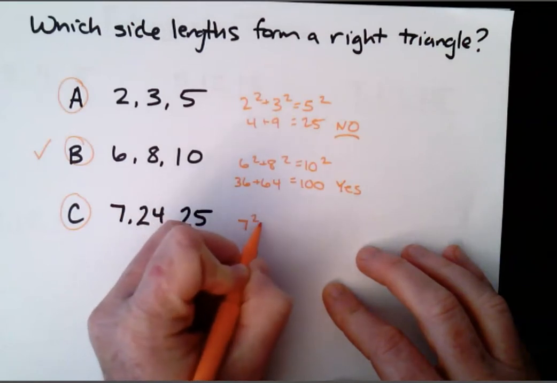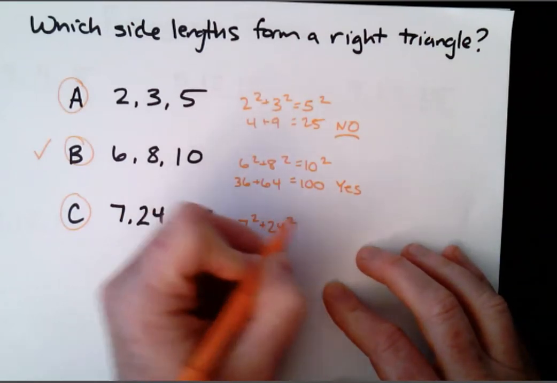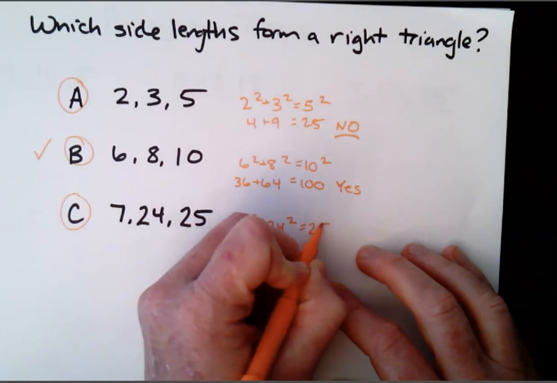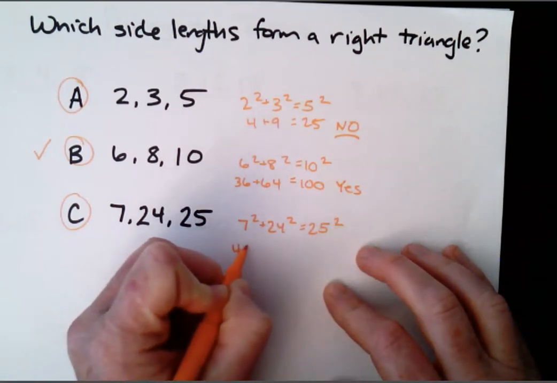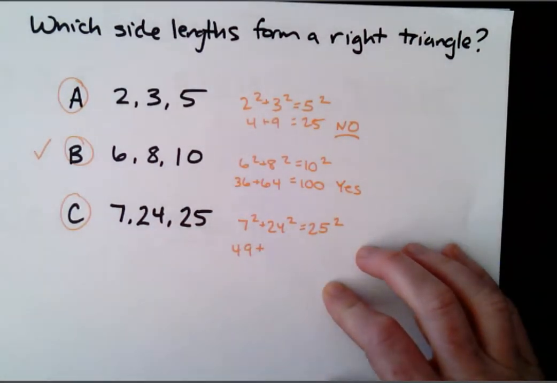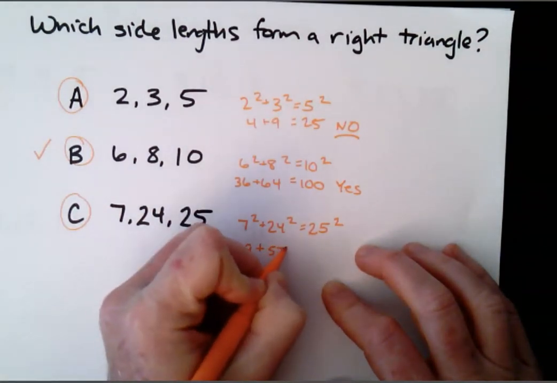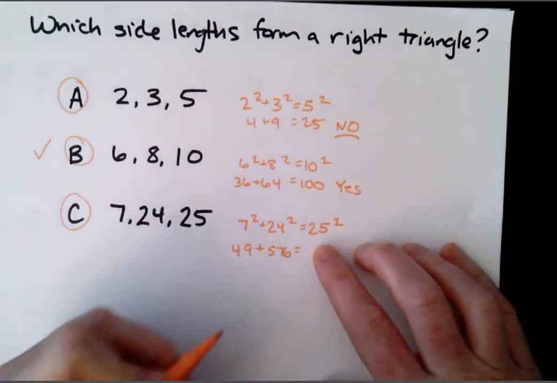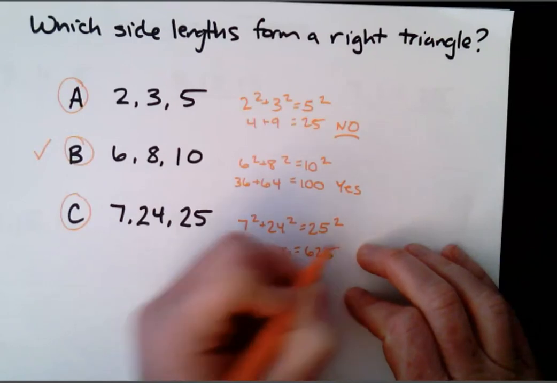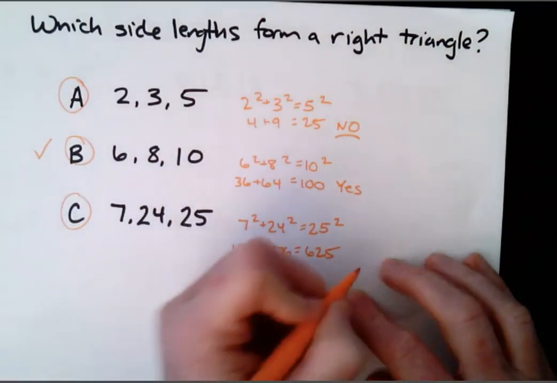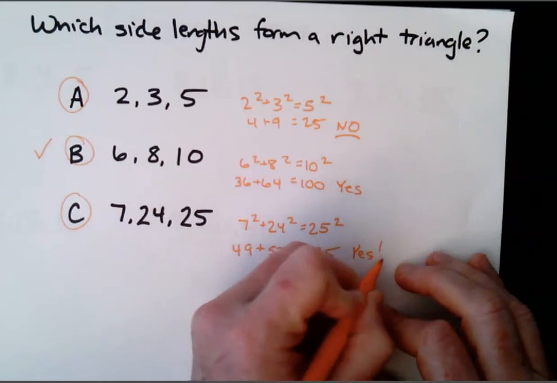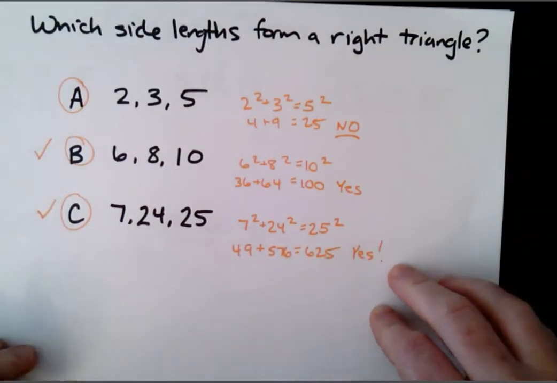Let's see, 7 squared plus 24 squared, is that equal to 25 squared? Is 49 plus 576 equal to 25 squared, which is 625? Yes, it is. So this also forms a right triangle.